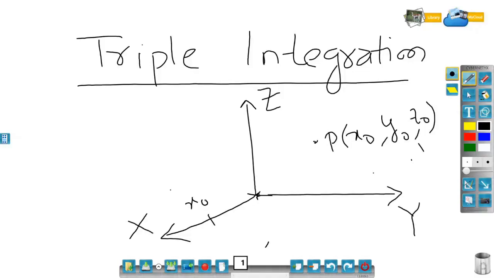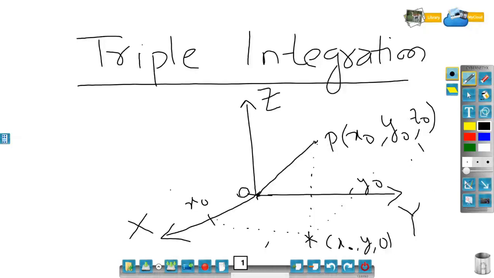This is x naught, this is y naught, and this point on the xy plane is x naught comma y naught comma 0. So it has taken a height. If I project this, then this point will be this. You can even form the angle with the x axis and the angle with the y axis. So the line which I have drawn from O to P can be projected on the xy plane by taking z equal to 0.